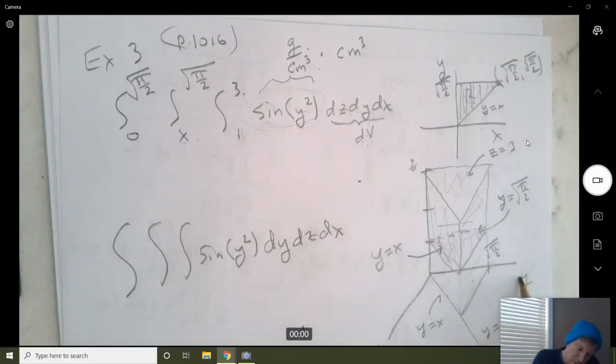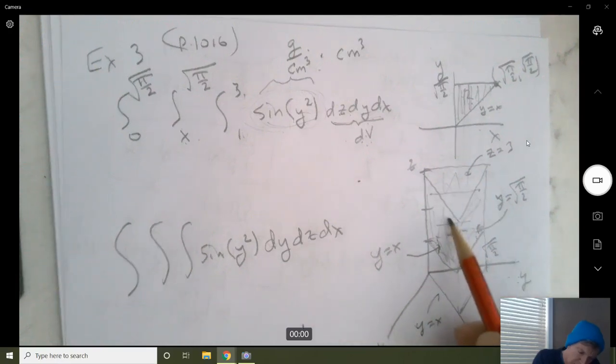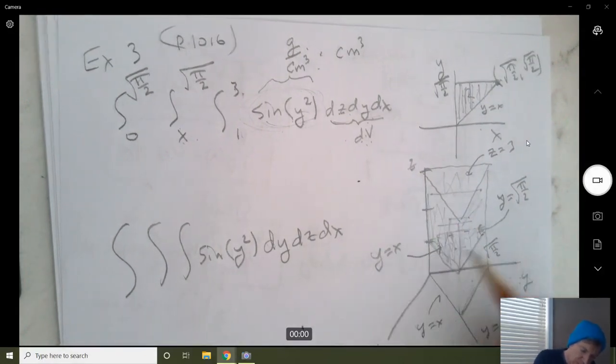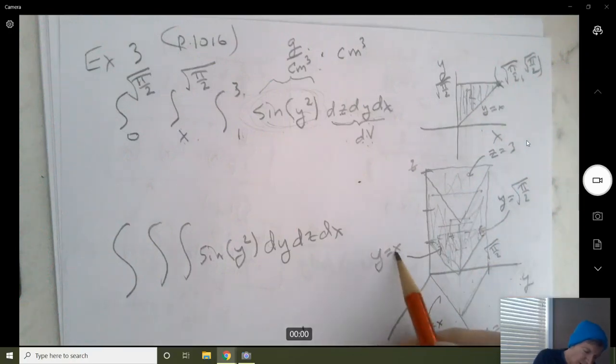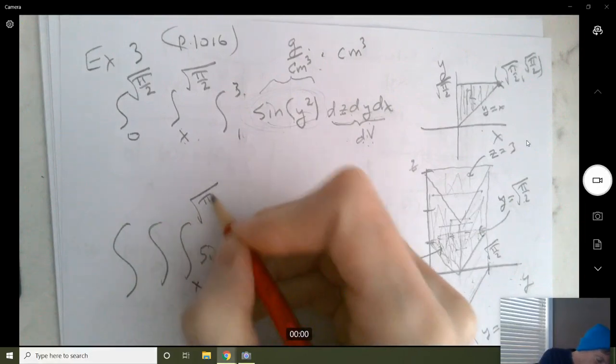Remember, if you're going in the y direction, you're going parallel to the y-axis. So this point would match up to this point over here, this point would match up to this point, and so on. You're going from this surface to this surface, and that's y equals x to y equals root pi over 2.